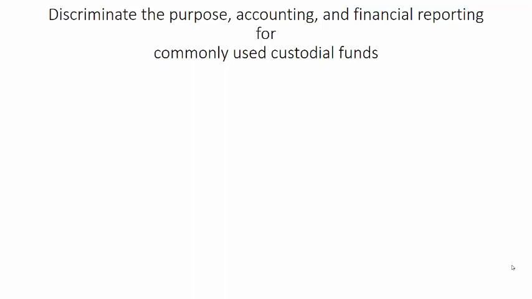Lastly, in regards to our custodial funds, is the financial statement reporting. You will see that there's a statement of changes in fiduciary net position that has to be prepared. And again, these are for only fiduciary funds. These are not any funds of the government-wide level.